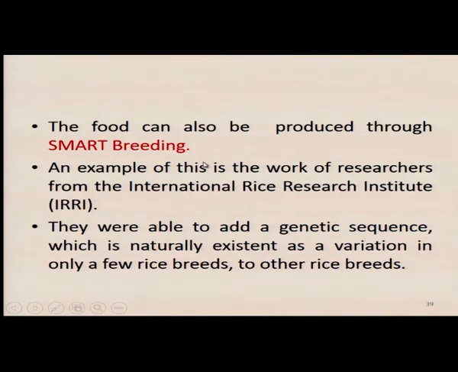The next major aspect of how food can be produced is what you call smart breeding. A typical example of this is the work done by researchers in the International Rice Research Institute, IRRI. They were able to add a genetic sequence which is naturally existent as a variation in only a few rice breeds, and this was then carried on to the other rice breeds.